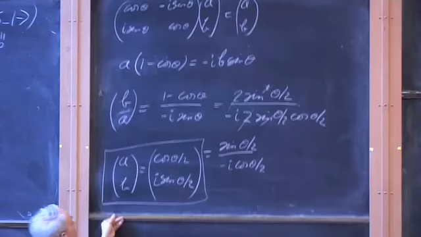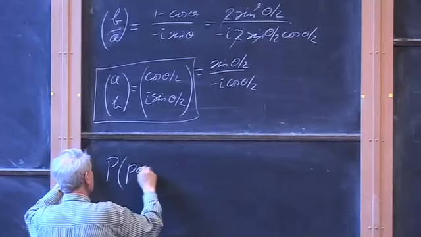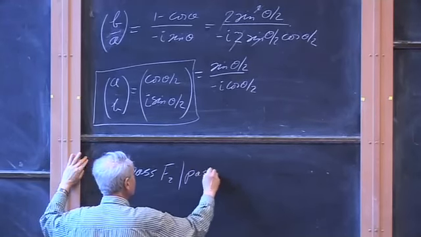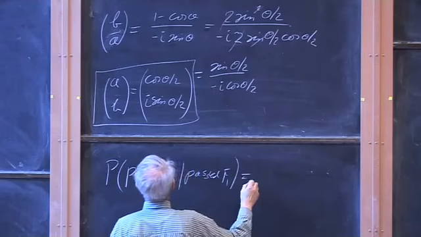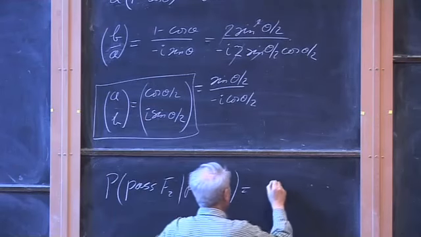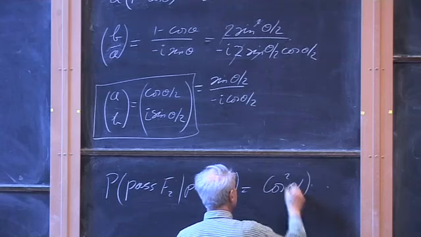So the probability that we pass F2, given that we passed F1, is actually equal to, we said it was going to be mod A squared, and is therefore cos squared theta upon 2.